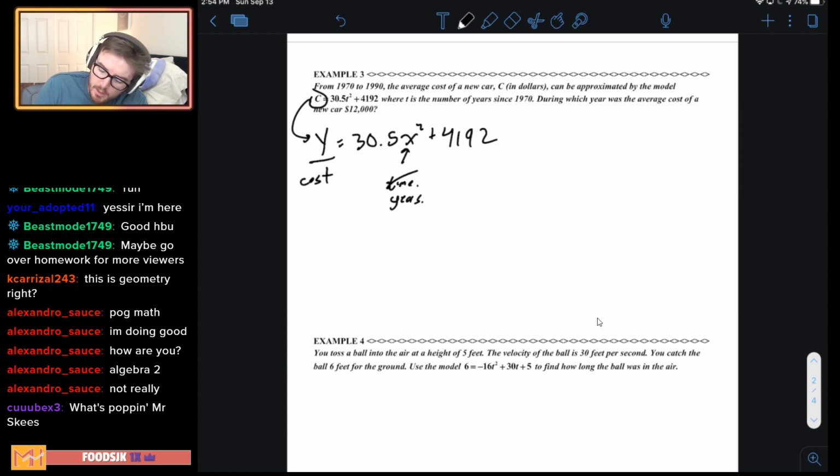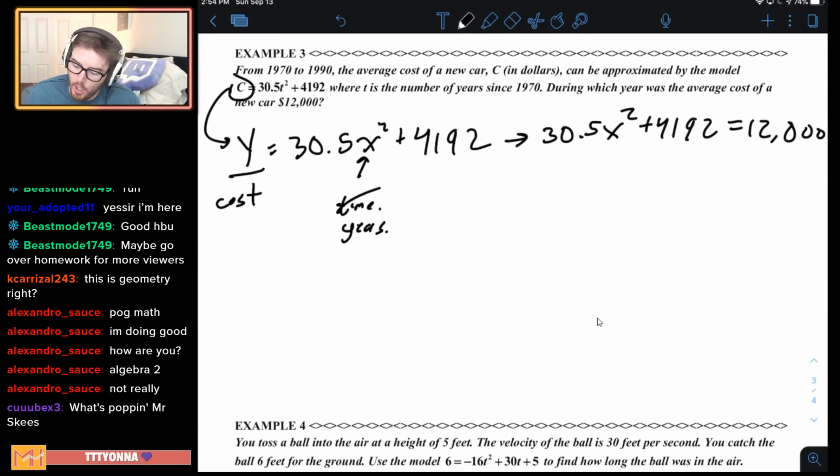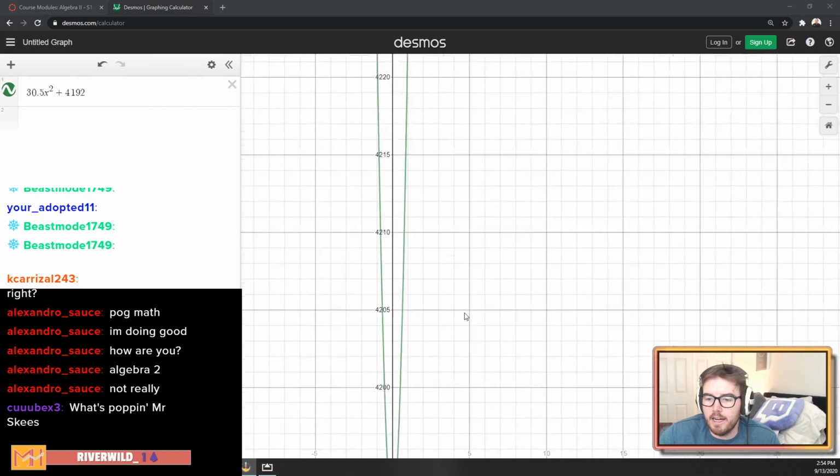So we want to know what is the x value that satisfies this equation, right? That's all we care about, right? When does the cost of a car equal 12,000? Not just some generic value. I want to know at what moment in time does it equal 12,000? So here is the graph.